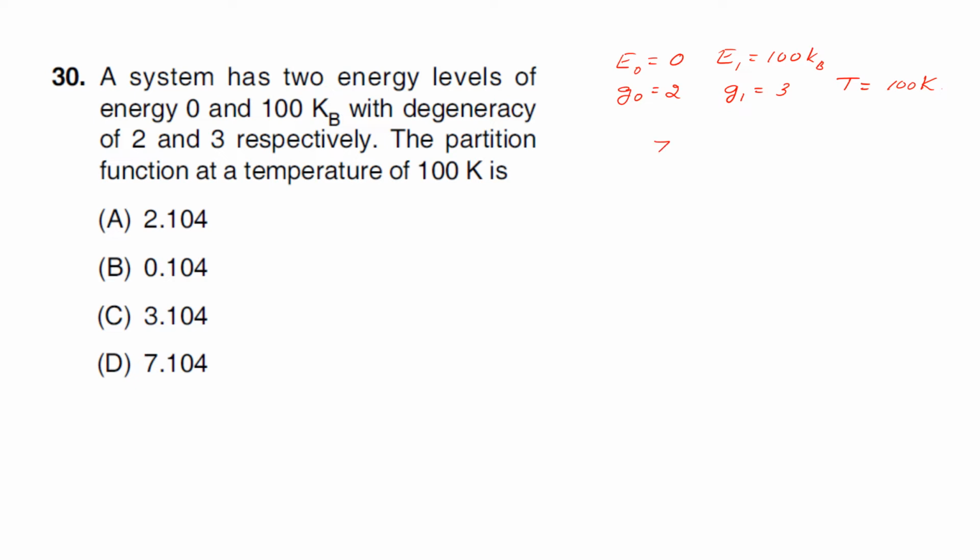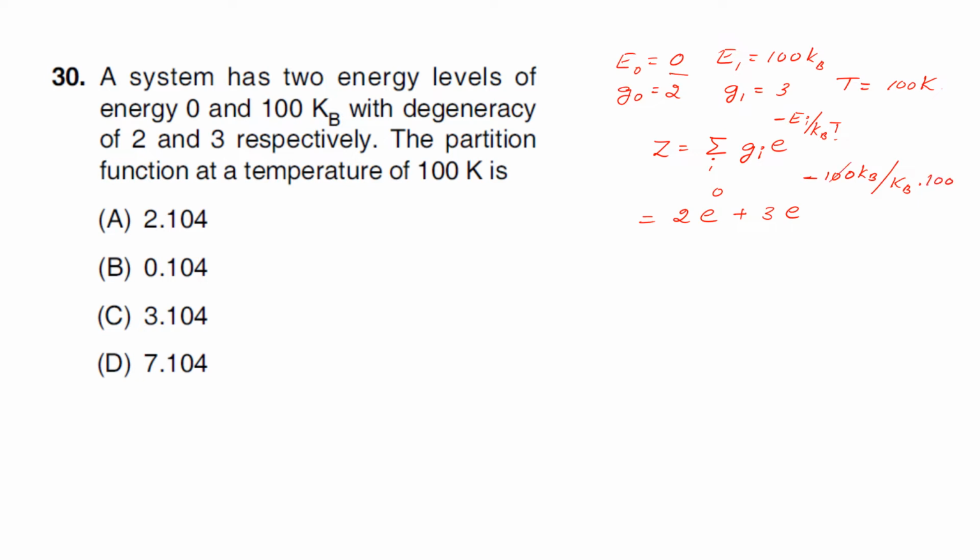Partition function is given by Z is equal to summation g_i, that is degeneracy, into e raised to minus E_i upon kBT. So if you substitute, you will get 2 into e raised to 0 for this state, plus 3 into e raised to minus 100 kB divided by kB into the value of T is 100 only.